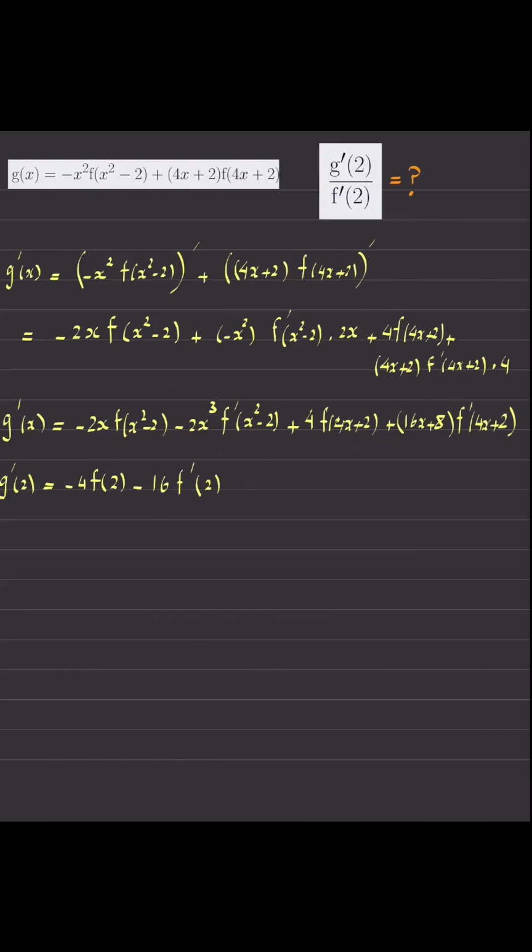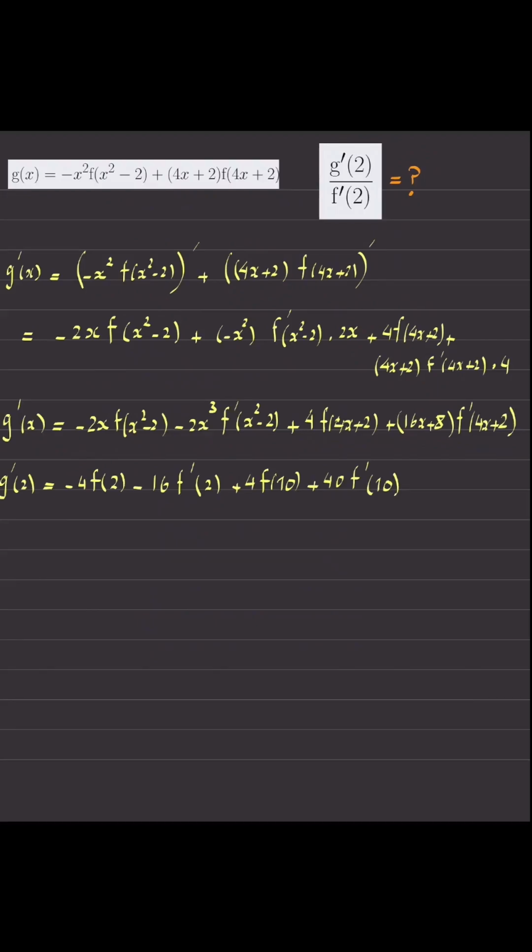But here, if I replace x with 2, this becomes 8 plus 2, 10, so it becomes 4f of 10. Okay, and then if I replace x with 2 here, this becomes 32 plus 8, which is 40, and then f prime of 10. So this is g prime of 2.